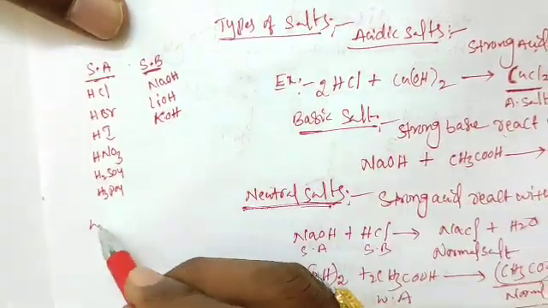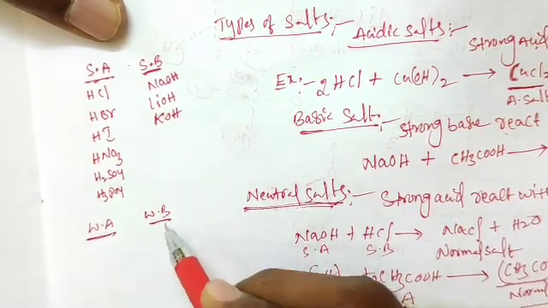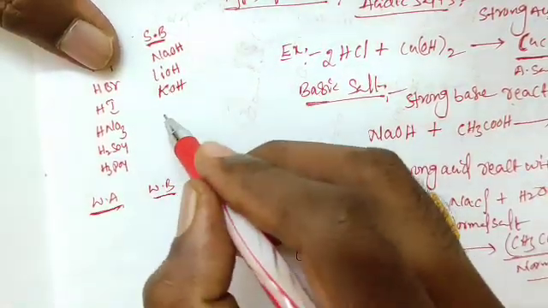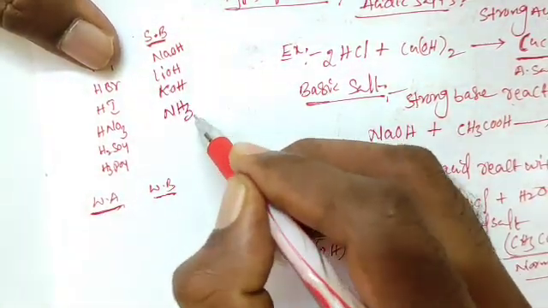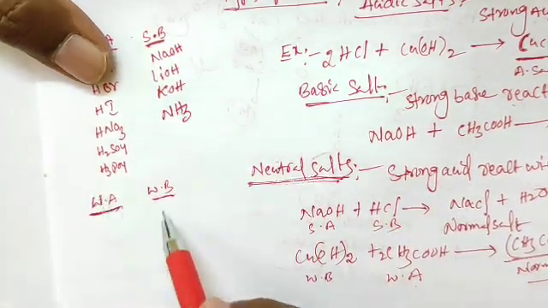Now weak acids and weak bases. Ammonia NH3 also comes here as a weak base.